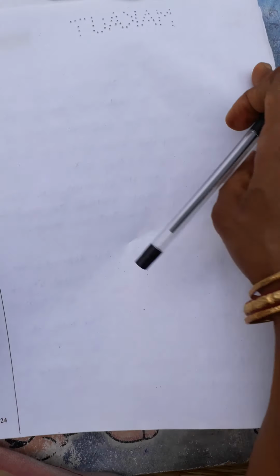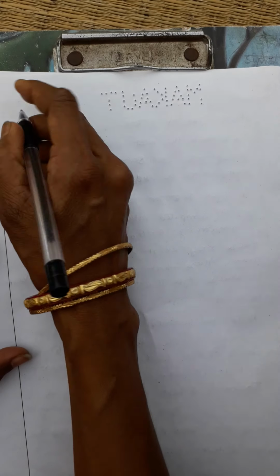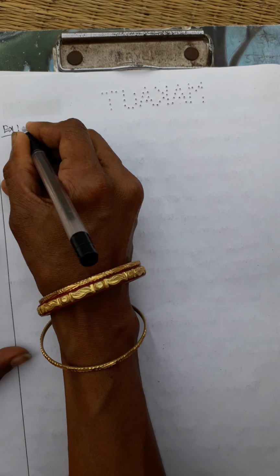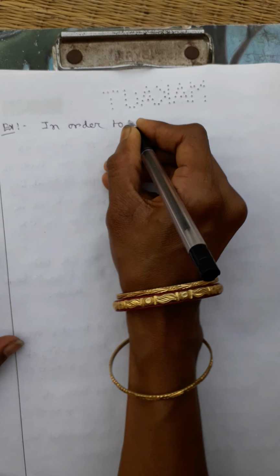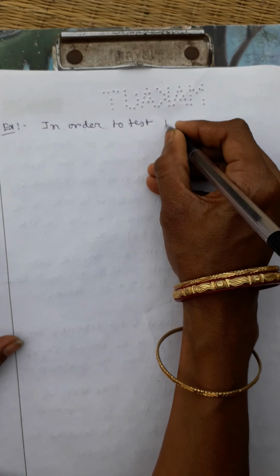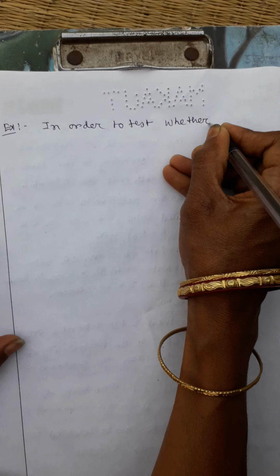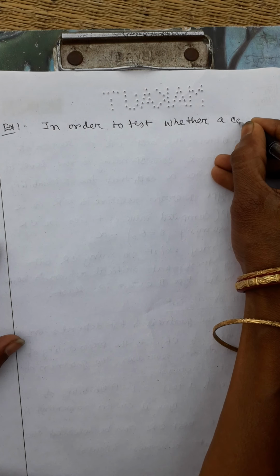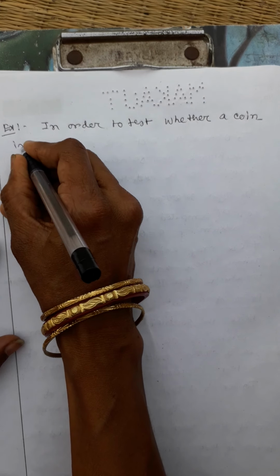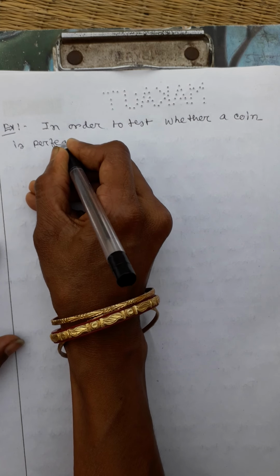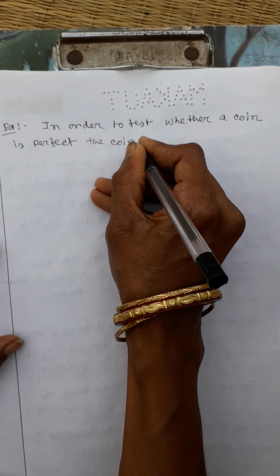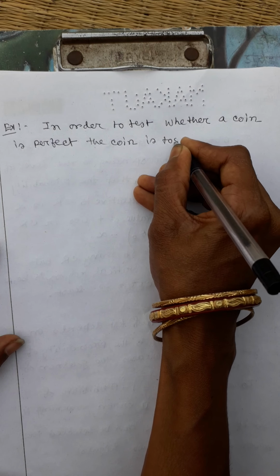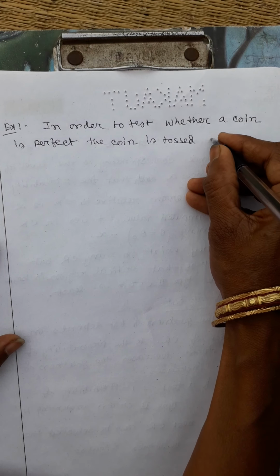Example: in order to test whether a coin is perfect, the coin is tossed 5 times.